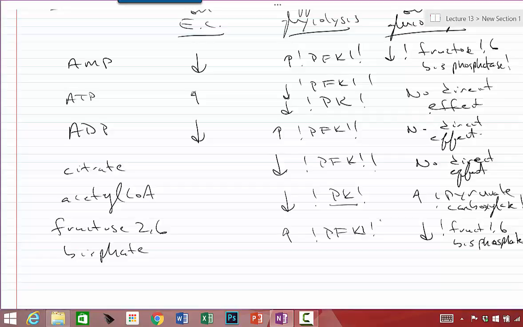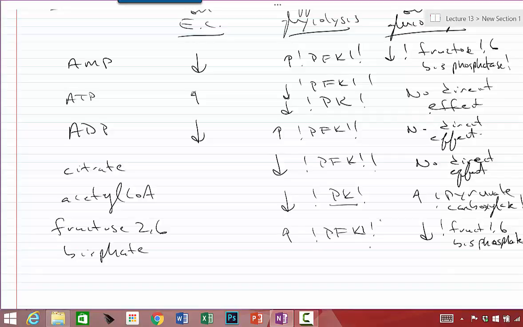Okay, let me check these again with my notes. Yes, citrate lowers PFK1, and acetyl-CoA lowers pyruvate kinase activity, and fructose 2,6-bisphosphate increases phosphofructokinase 1. Thank you very much. I appreciate that.